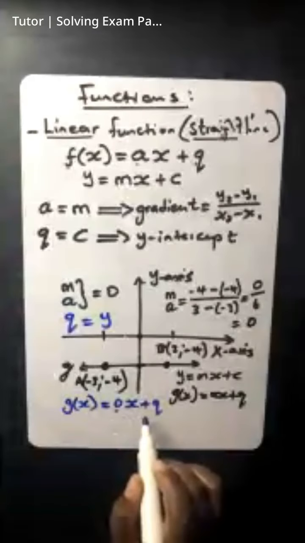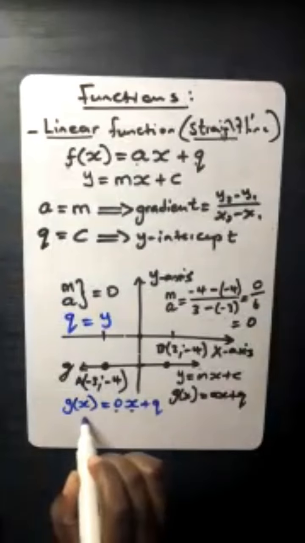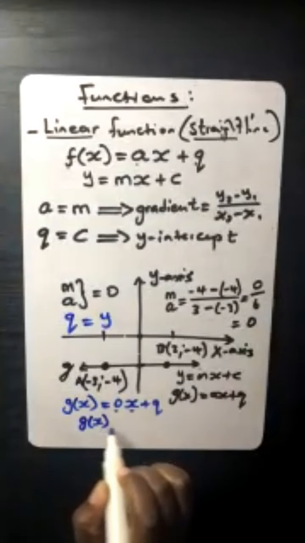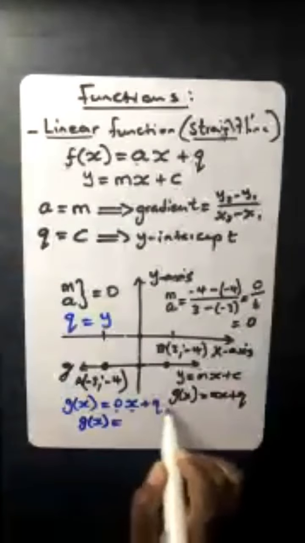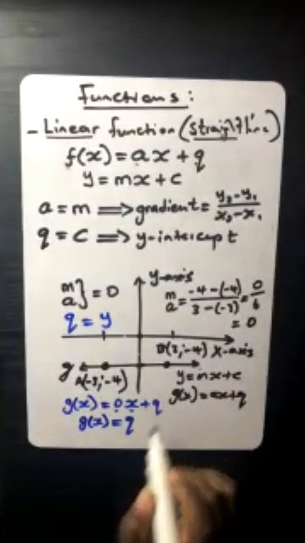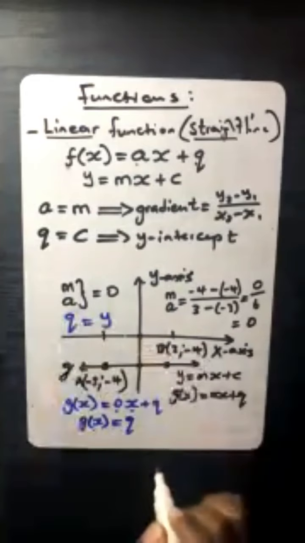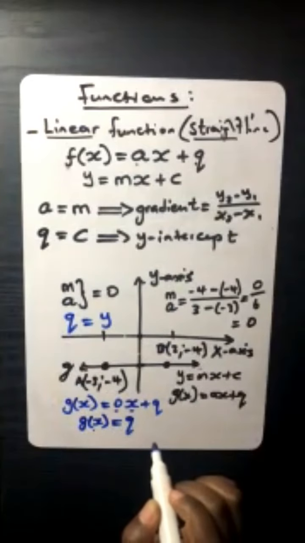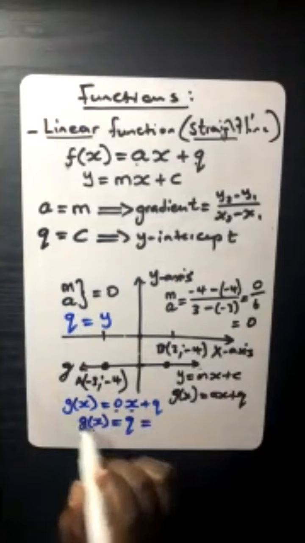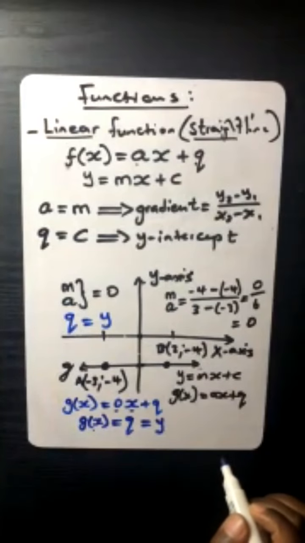So 0 being the gradient multiplied by x is already 0. So we have g of x equal to Q, the Q being the y value. Remember, g of x is actually y in other words.